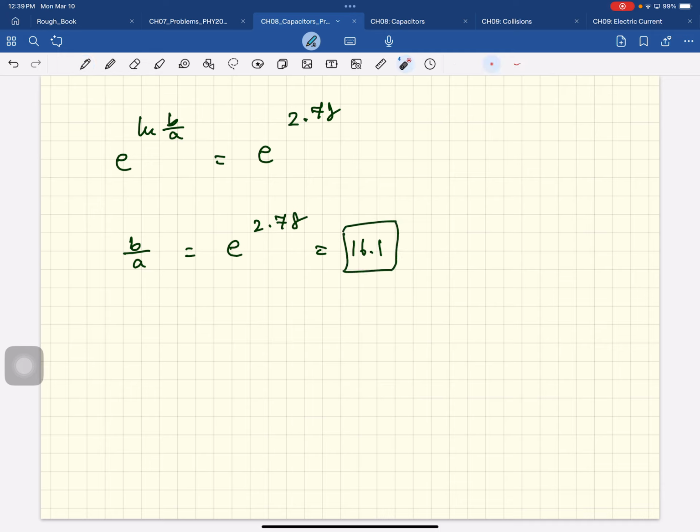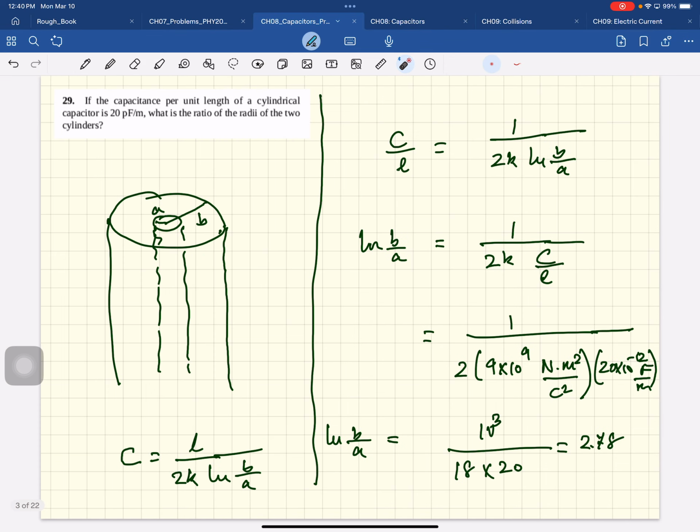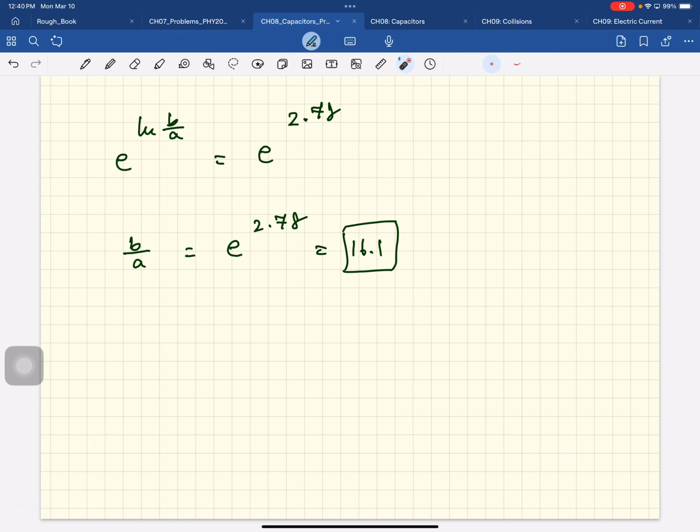All right, so the ratio of the radii is 16.1. They just ask you for the ratio, yeah. To solve for B, they would need to give you A.